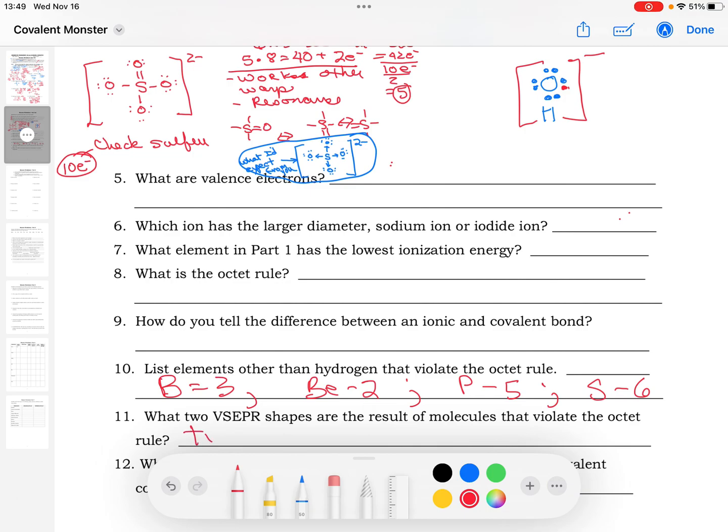This is trigonal. There's several: trigonal planar, linear for beryllium, or it can be octahedral or trigonal bipyramidal.